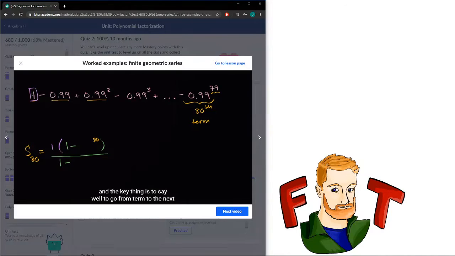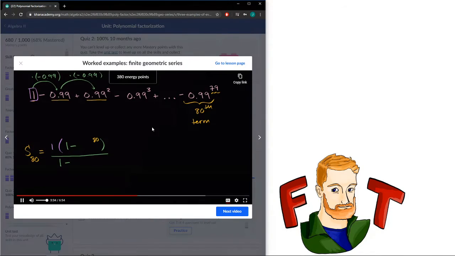To go from the first term to the second term, we multiply by negative 0.99. Now to go to the next term, we're again multiplying by negative 0.99. So the common ratio is not positive 0.99, but negative.